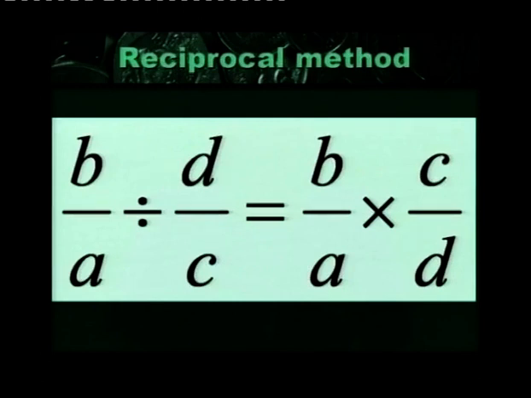So the second fraction, which is D over C, becomes C over D. So you only change the second fraction. The first fraction remains.